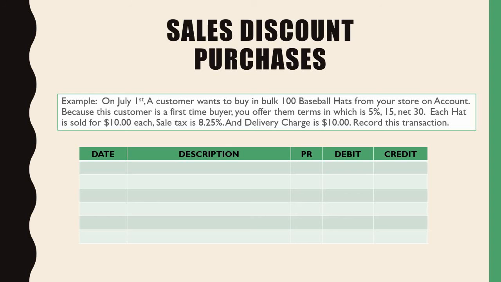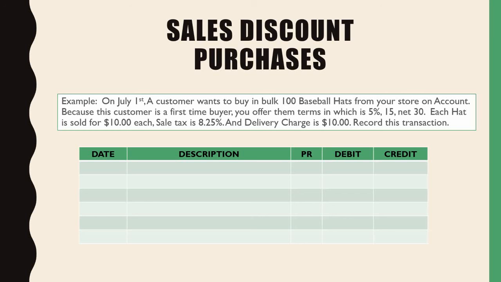Each hat, once again, was sold for $10 each. Sales tax is 8.25%, and delivery charges were $10, okay? So record this transaction. So maybe you're like, you're going to buy 100 hats from me. How about I deliver it directly to you? It's going to cost you $10, okay? And, of course, you're going to charge sales tax, et cetera.